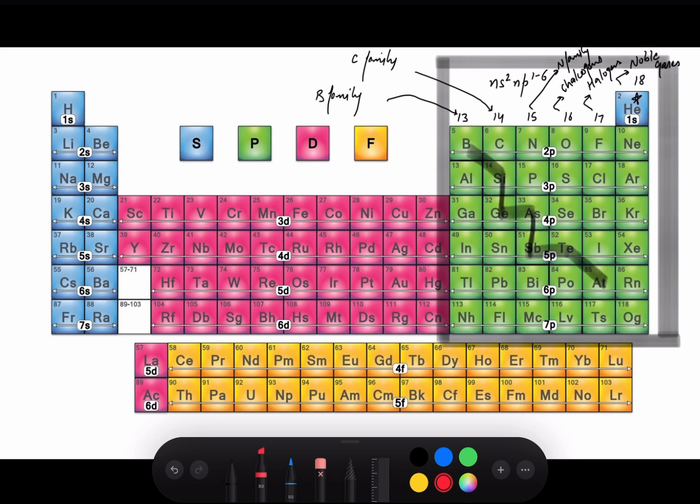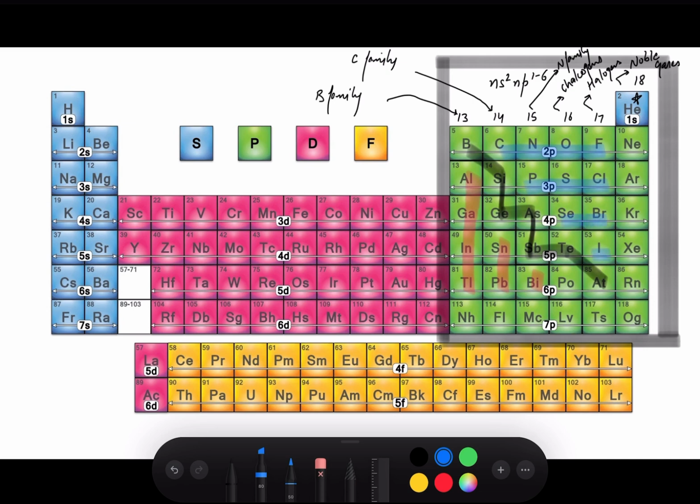The elements which are present on the left side of the metalloids, that's aluminium, gallium, indium, thallium, tin, lead and bismuth, these are all metals. Now the elements which are present on the right side of the metalloids are carbon, nitrogen, oxygen, fluorine, phosphorus, sulfur, chlorine, selenium, bromine, iodine.